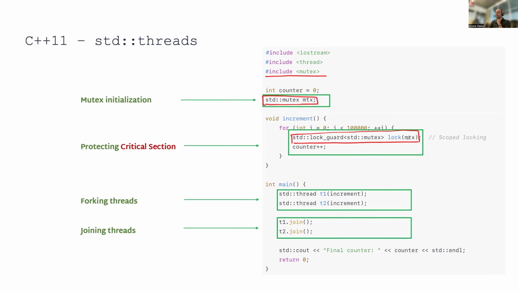So in this case, after this line of code, you are acquiring the lock, right? So here you have this synchronization, but after leaving this block, you release the lock, right? So it's kind of automatic, and you have scoped locking in this case, and then you can create your threads and then join them. Okay, so it's up to you which library you want to work with.